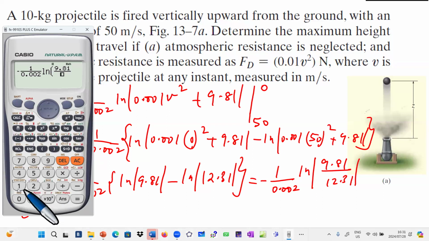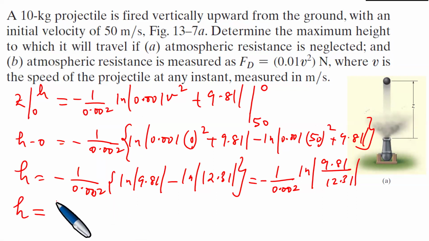You divide everything by 12.31. And you close like this. And what is the answer? It is 113 point something, just about 114. What an awesome answer. So now it means that 114 meters.